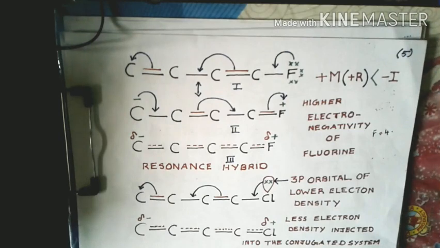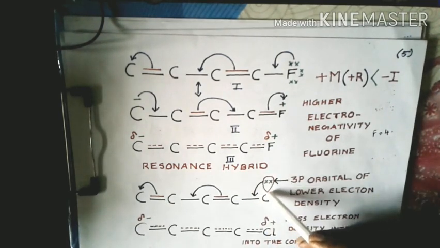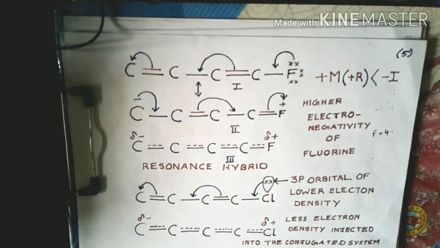So a 3p orbital will have a lower electron density, so that when this carbon with its vacant orbital overlaps with the filled 3p orbital, the overlapped region of carbon and 3p orbital of chlorine will have a lower electron density.